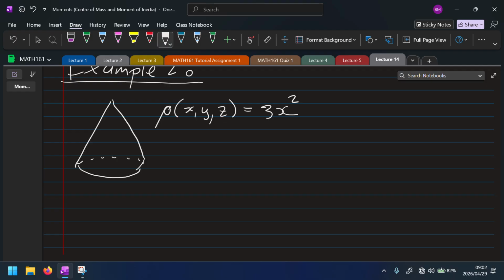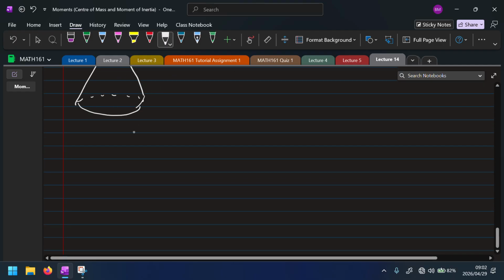Okay, that's how you should picture this. So what we want to do is work out the mass of this cone, given that the density changes as we go around. So let's set up some coordinate system, put in some values, and then set up the integral. Okay, so let's redraw this.